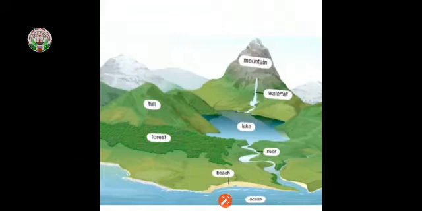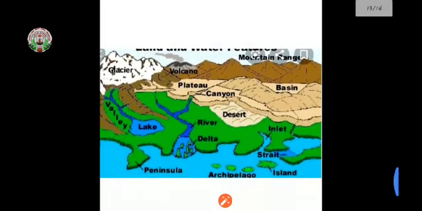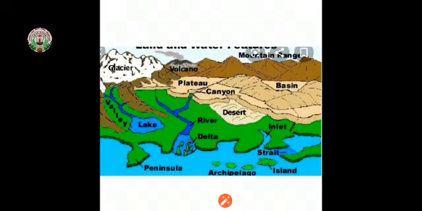Physical features or landforms include elements such as mountains, hills, forest, roads, waterfall, river, beach, etc. Maps present information about the world in a simple visual way. Look at this picture. They teach about the world by showing size and shape of countries, location of features and distance between places.